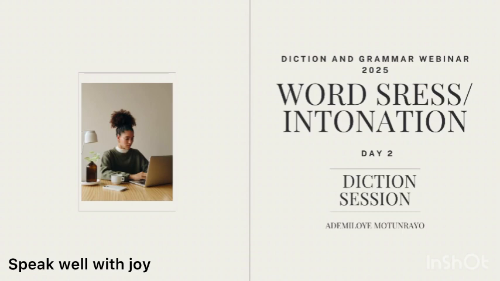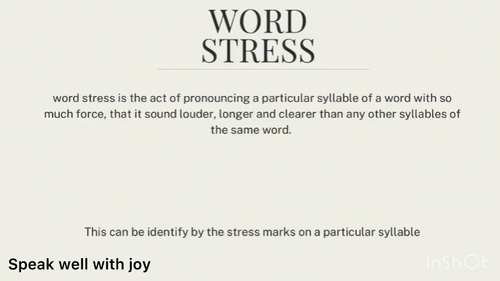Okay, so word stress is the act of pronouncing a particular syllable of a word with so much force that it sounds louder, longer, and clearer than any other syllable of the same word. So there are some syllables that are supposed to be pronounced more loudly than others, just like we have in our language.